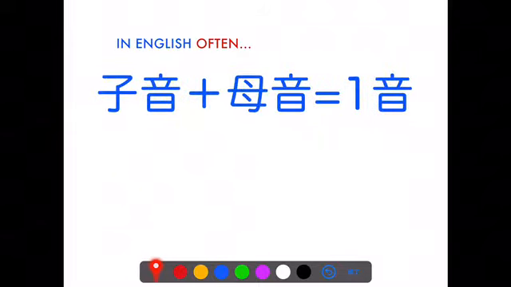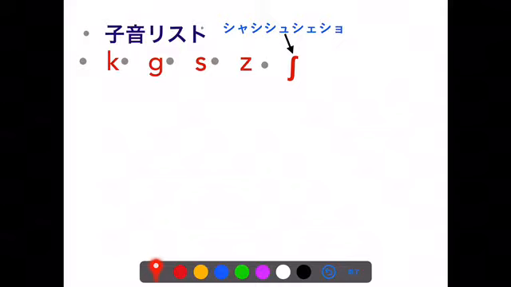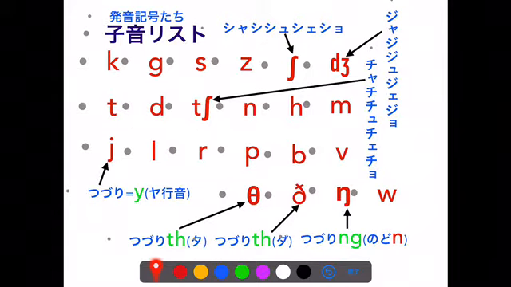In English, often, a consonant and a vowel make one sound, like k plus r is ka, f plus a is fa, ch plus u is tu. Consonants, for example, k, g, s, z, sh. This is show, and sh. This is for jo.